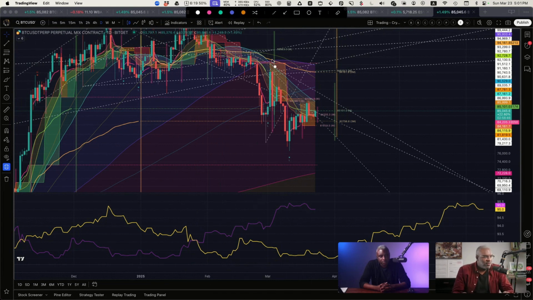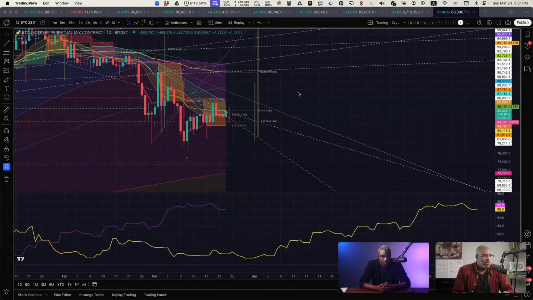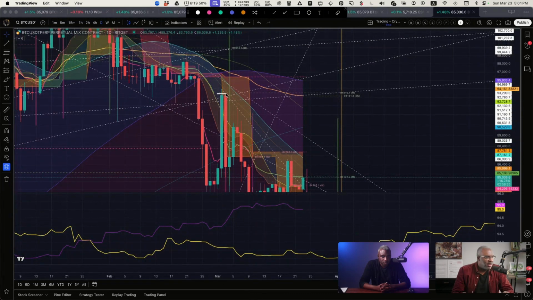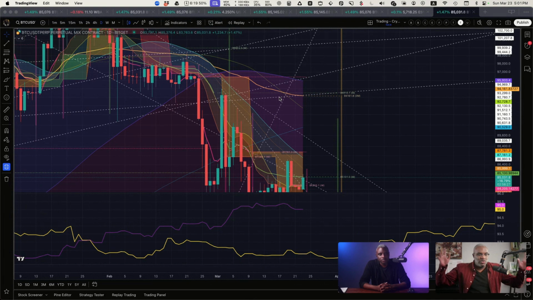And this moved up on the Trump tweet, the news, and so it exploded back upwards. But even though it exploded upwards, it exploded up to the daily VWAP level. It didn't even go to the weekly VWAP level at the top, just to the daily VWAP level, which means that the tweet of "Hey, we're going to open up a strategic reserve" could only generate enough bullishness to get to the closest daily VWAP level.